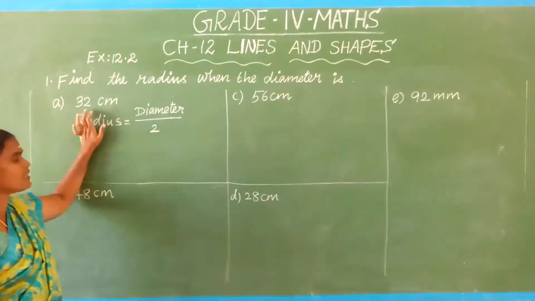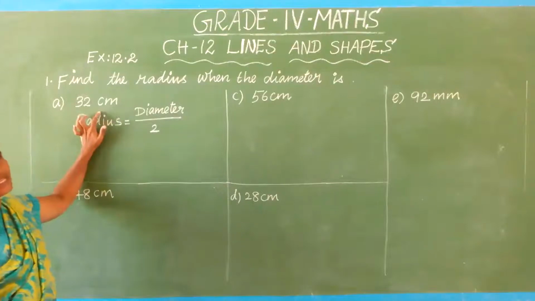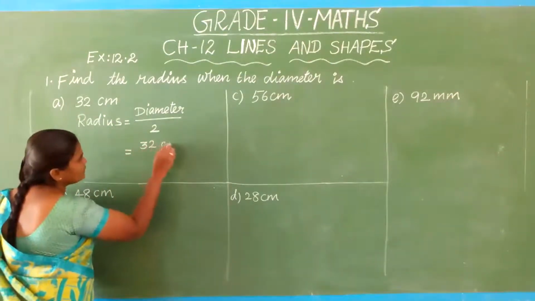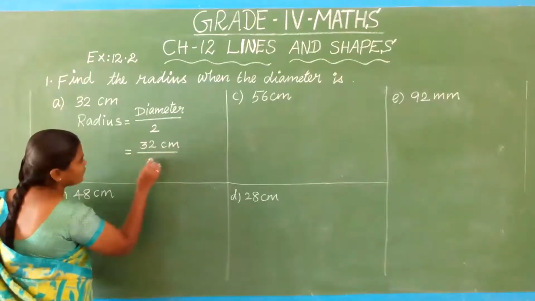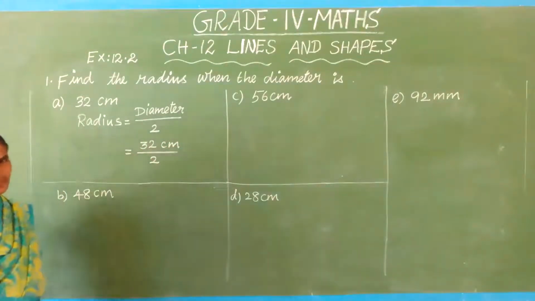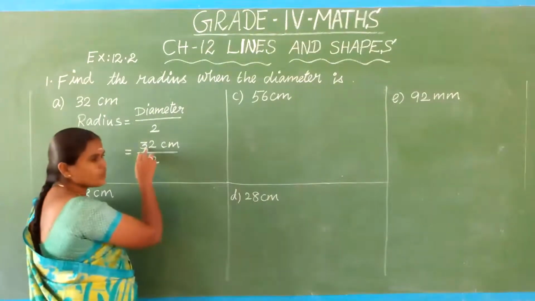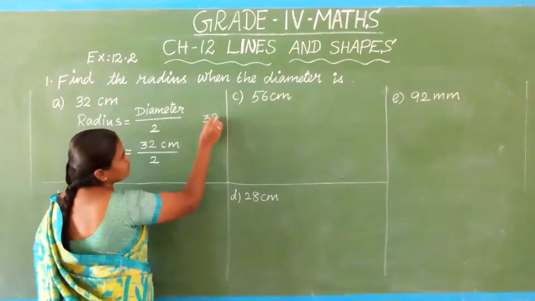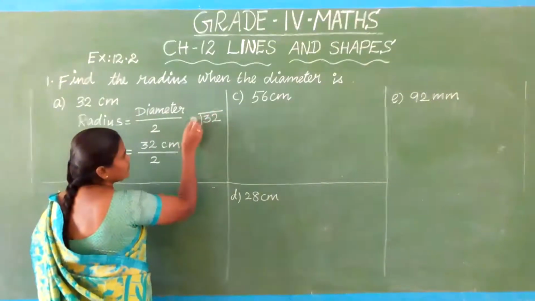So what is the diameter value? 32 centimeter. So 32 centimeter by 2. Now divide. So 32 is divided. Divisor is 2.